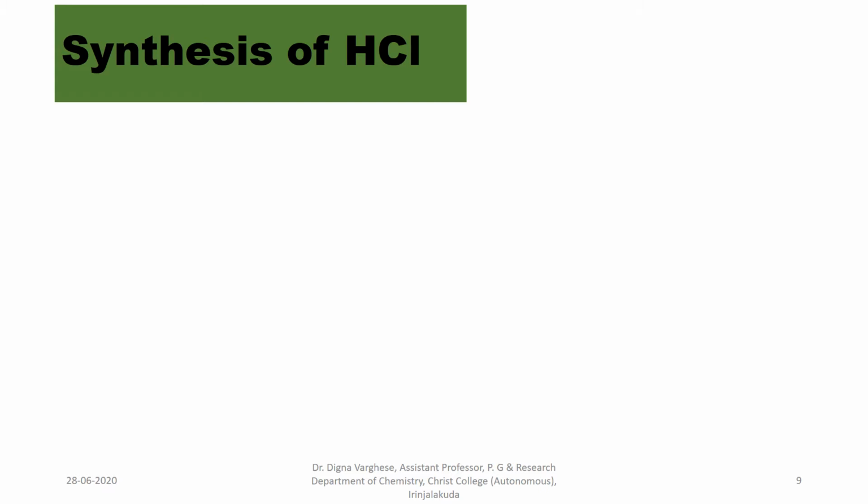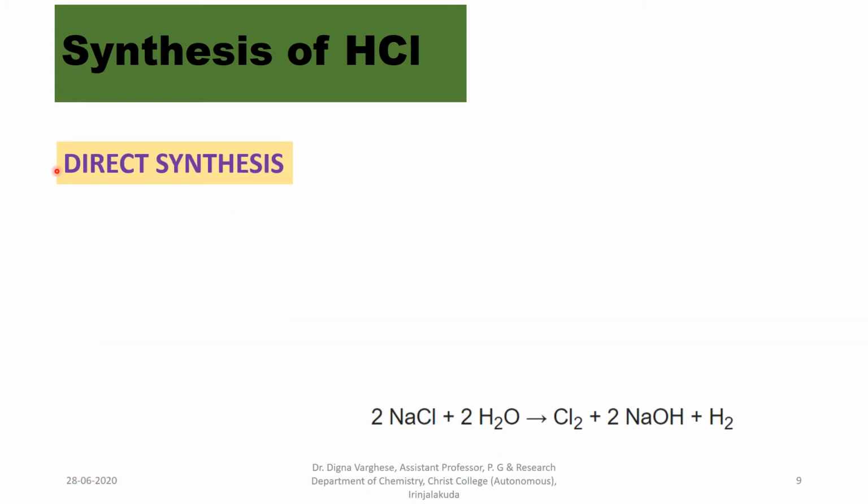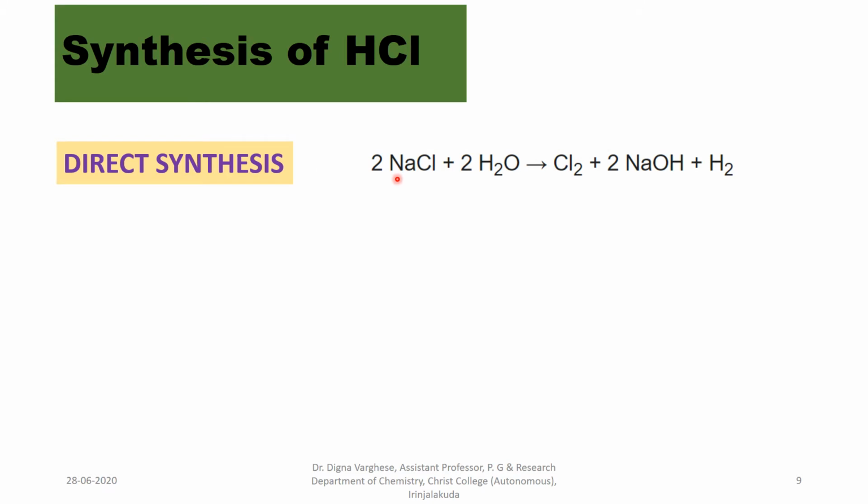Synthesis of hydrogen chloride. The first method is direct synthesis, using a brine solution. The brine solution is a mixture of sodium chloride and water. When it undergoes electrolysis, we get pure chlorine gas, sodium hydroxide, and hydrogen gas.